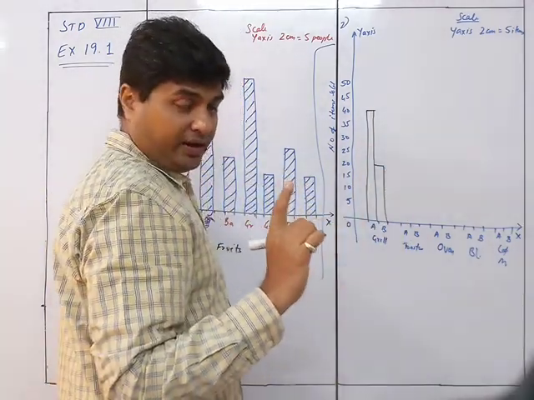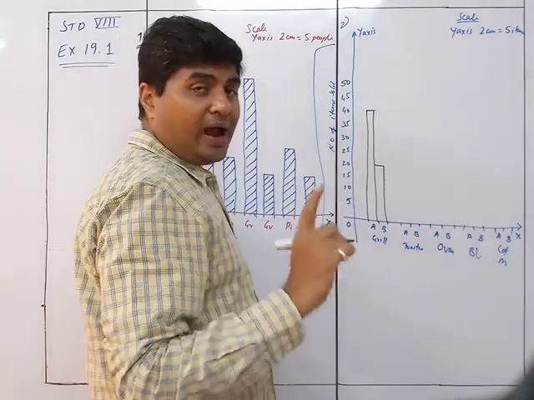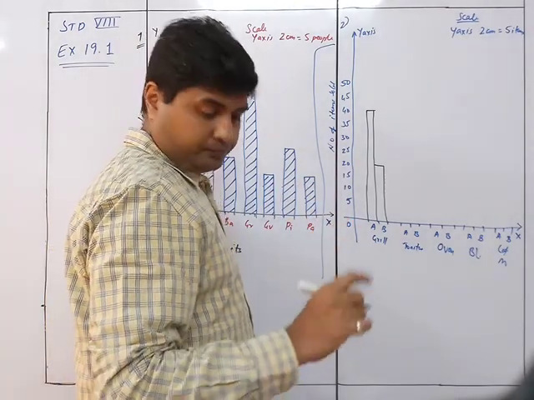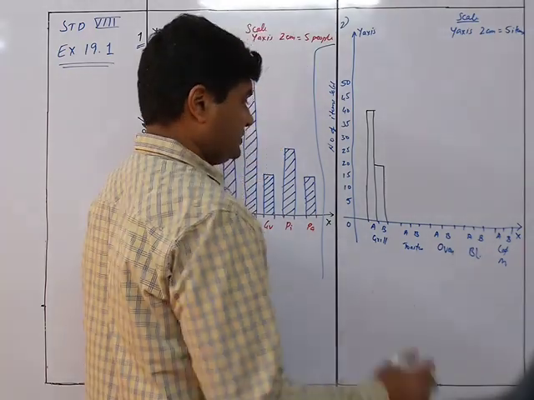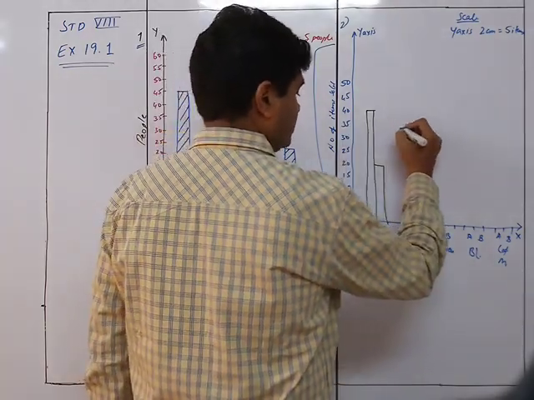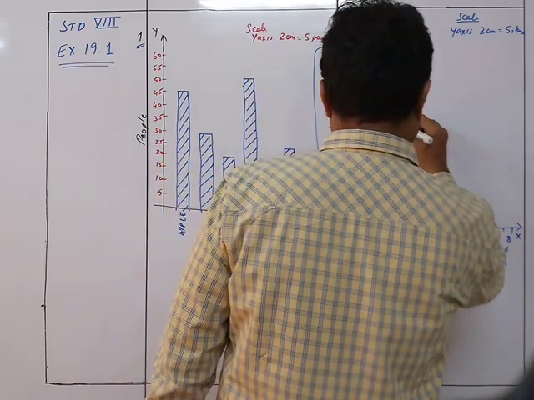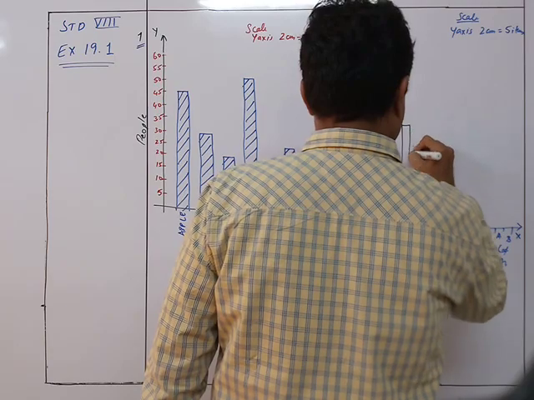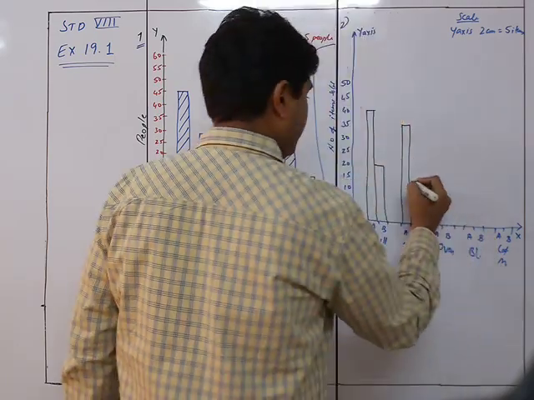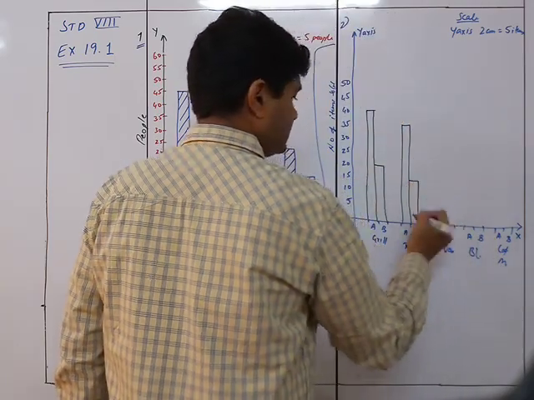You cannot do freehand. No freehand on the graph paper. Second, 35 and 15. So 35 is here, like this, and 15 here, like this.